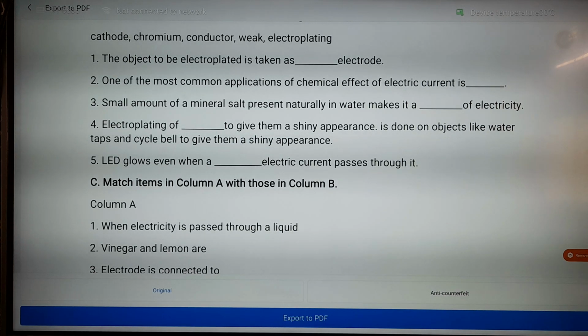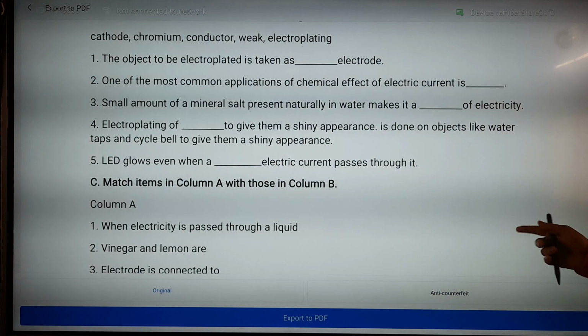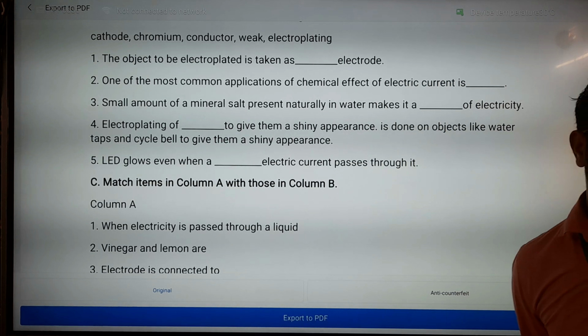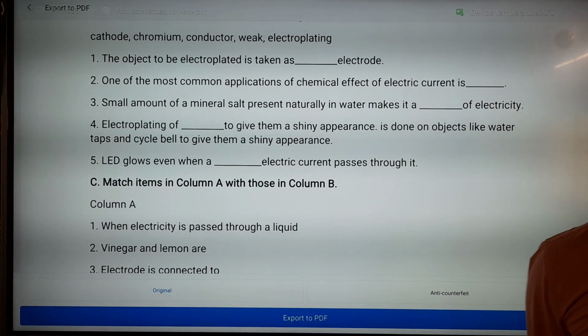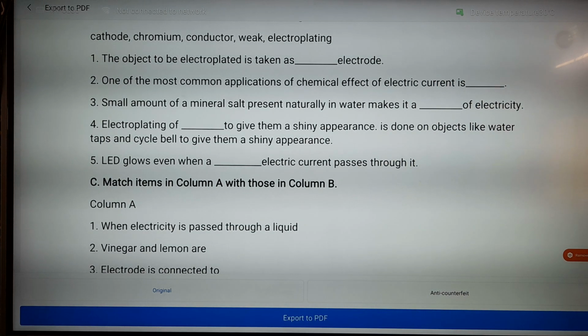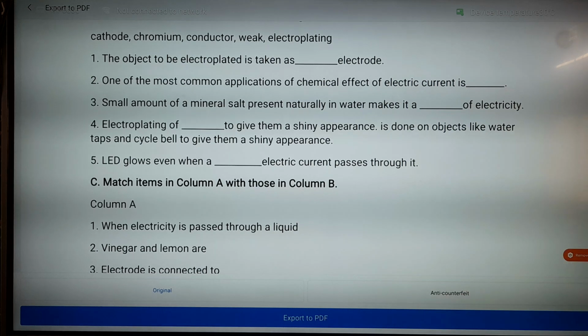Number 4. Electroplating of brass to give a shiny appearance is done on objects like water tap and cycle bell, with chromium. Very good. Chromium is the correct answer. Next one. LED glows even when a quick electric current passes through it. So the answer will be quick.